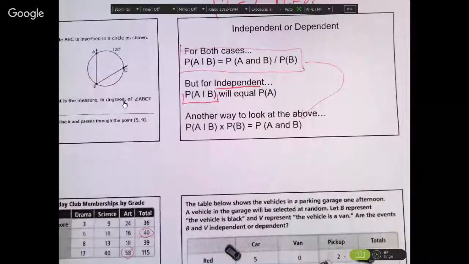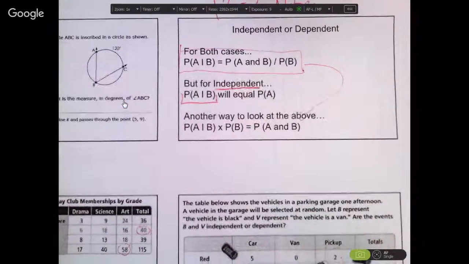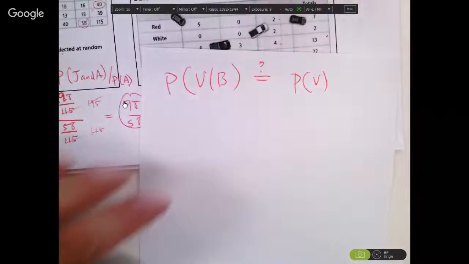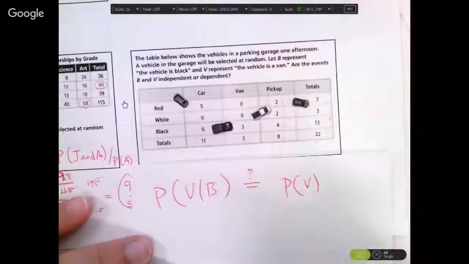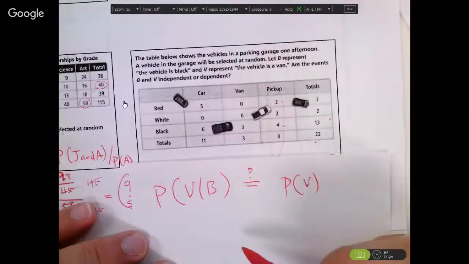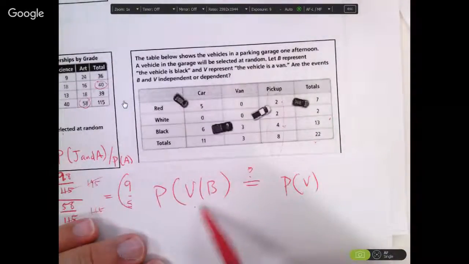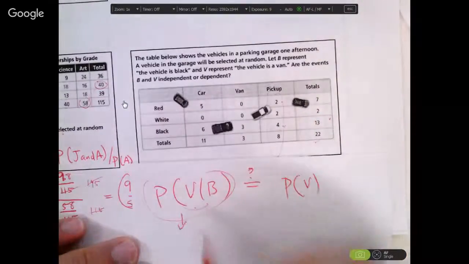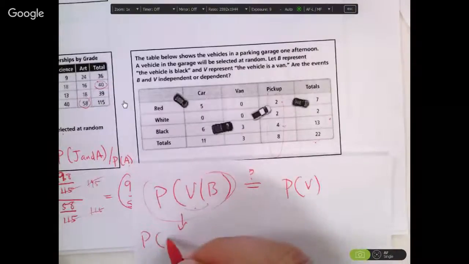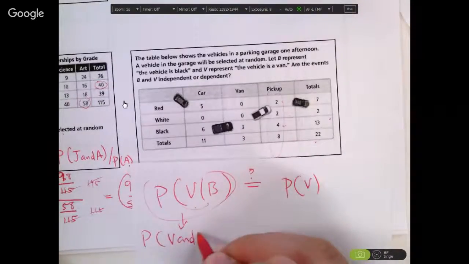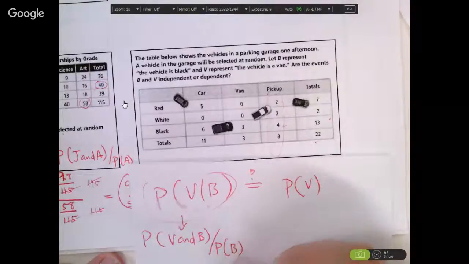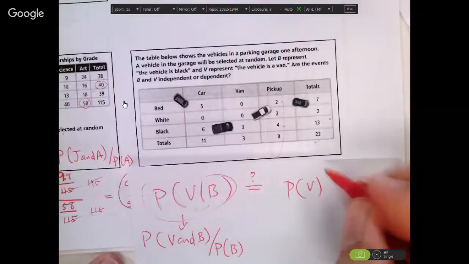Okay. So, do you want me to run through this here, the probability of V given B, the other way? I'm going to do it super quick. None of us understand it. Okay, this right here is going to be that formula that says probability of V and B out of the probability of B. And this one I just have to figure out.